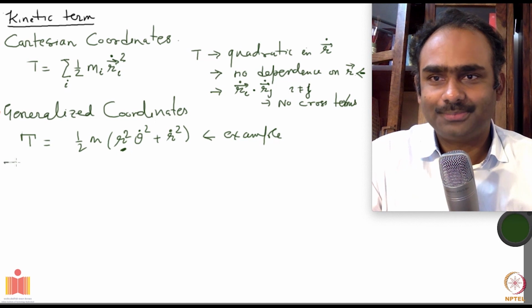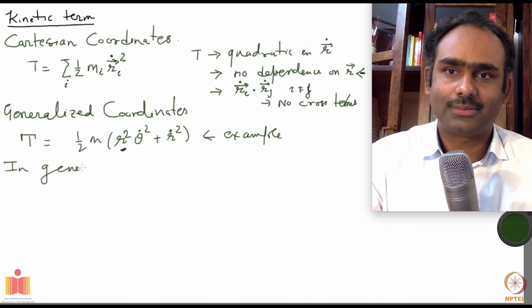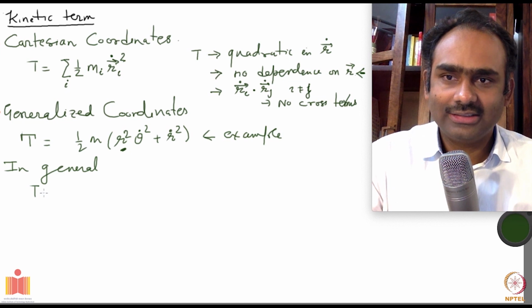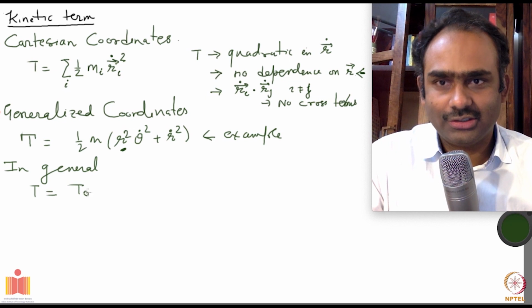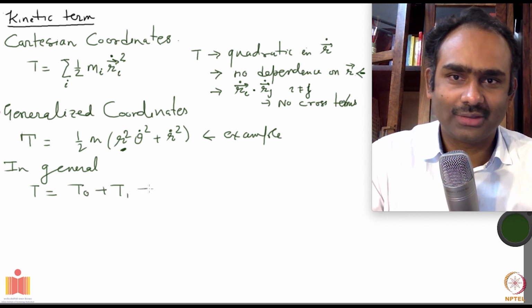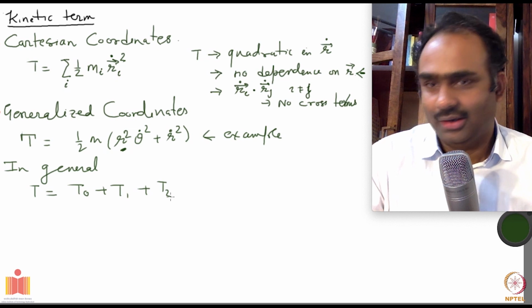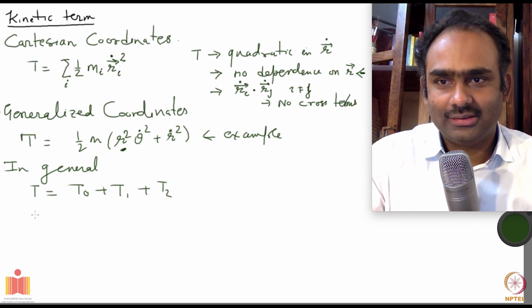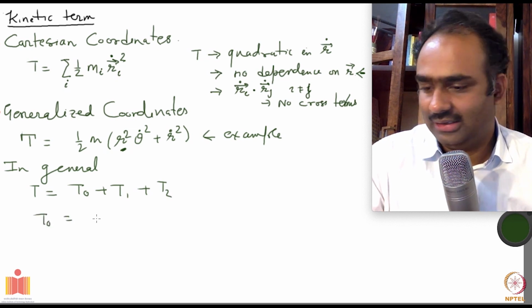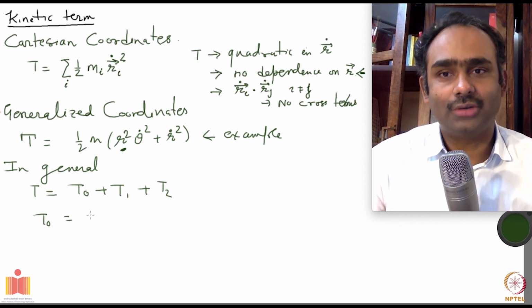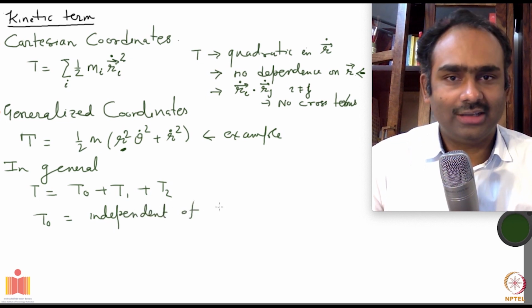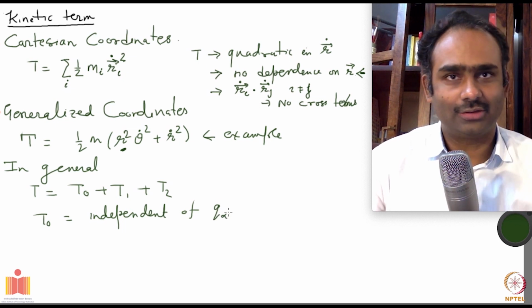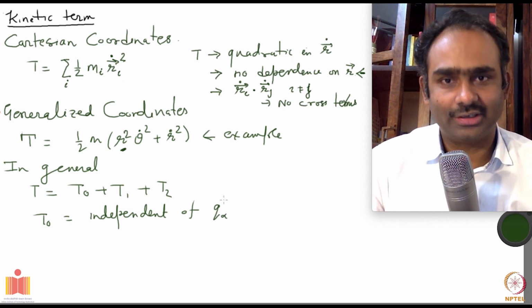So in general, the kinetic energy can be written as a sum of three terms, which I will call T0 plus T1 plus T2, where T0 is independent of q dots, independent of the generalized velocity. Here alpha will run from 1 to whatever degrees of freedom you have.